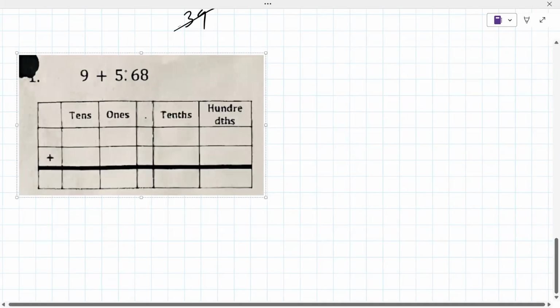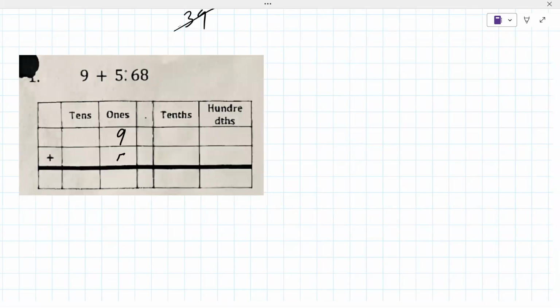So since they're same sign, you add the numbers 9, 5, 6, 8, and they're just saying to fill in the zeros there. So what would the answer be? 14.68. Yes.